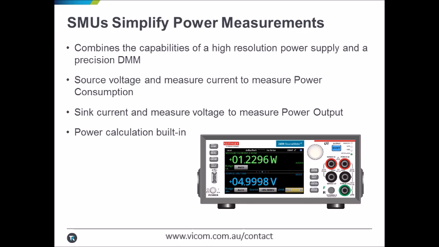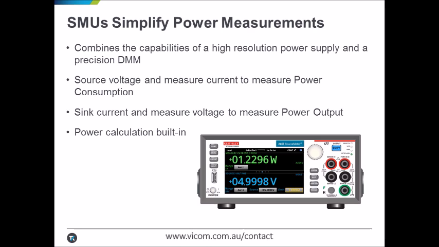Earlier, I discussed making measurements on power management devices. Source measure units simplify power measurements by combining the capabilities of a high-resolution power supply with those of a precision digital multimeter. SMUs can source a voltage to power a device, then measure its current draw, allowing you to measure the device's power consumption using only a single instrument.